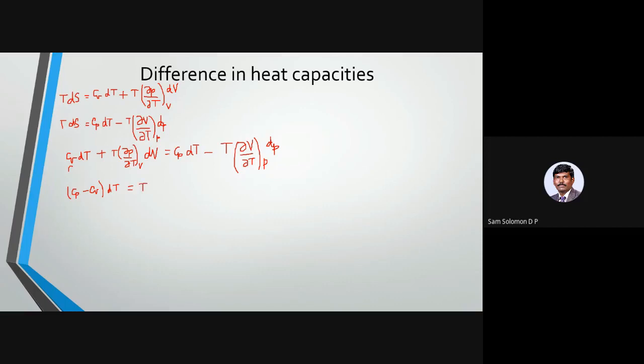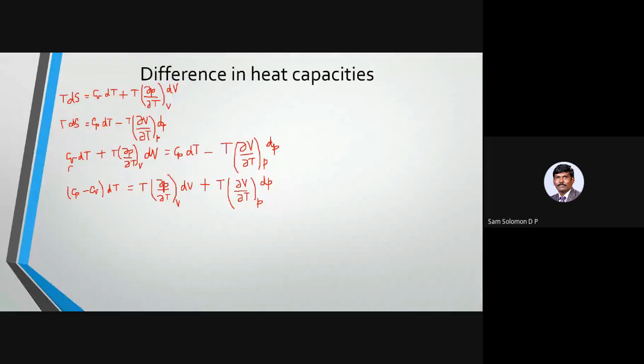So this has T times partial P by partial T at constant V into dV plus T times partial V by partial T at constant P. So if you are just looking at this lecture, you won't get anything. Only if you write it side by side, you will be able to understand something. Okay.